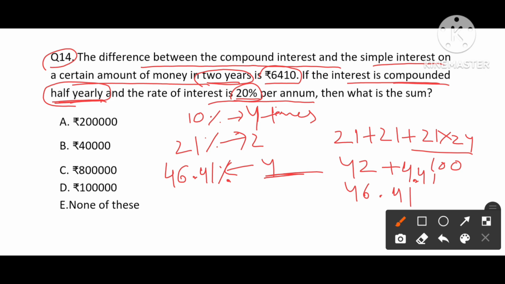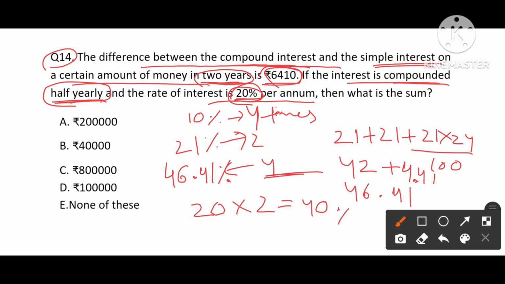But on simple interest at 20 percent per annum for 2 years, which will be 40 percent. Now the question says that for 2 years the difference between the compound interest and simple interest we got is 6410.